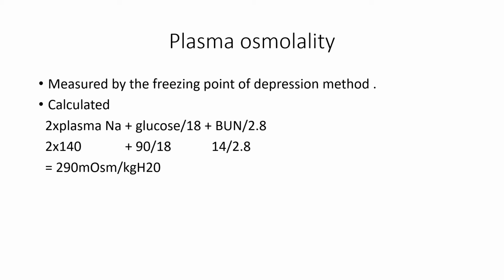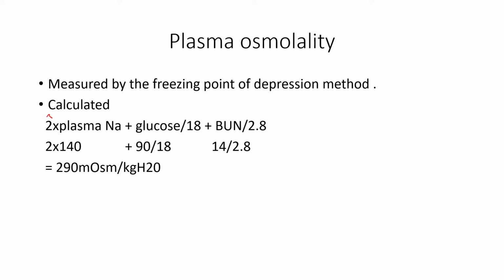Plasma osmolality can be either measured by the freezing point depression method or calculated by the following equation: 2 times plasma sodium plus glucose plus blood urea nitrogen.